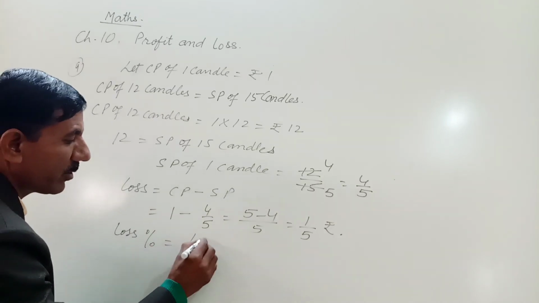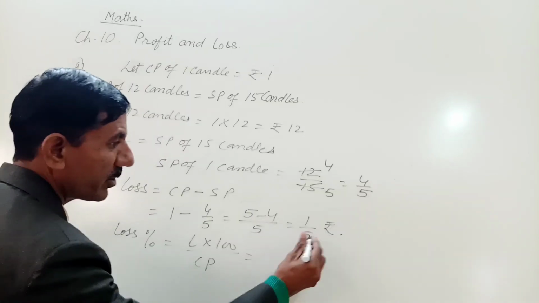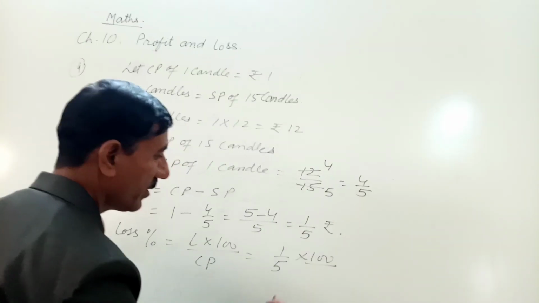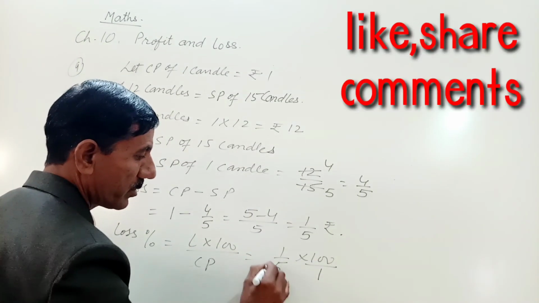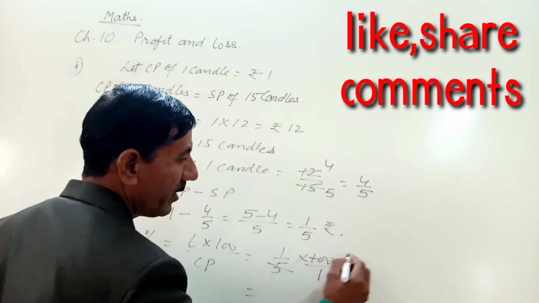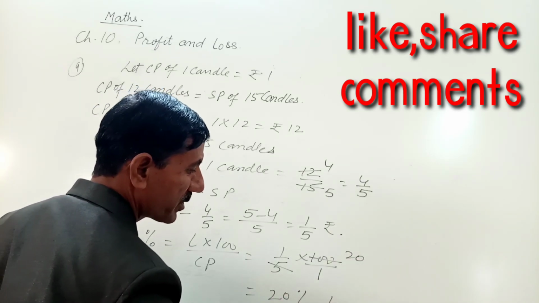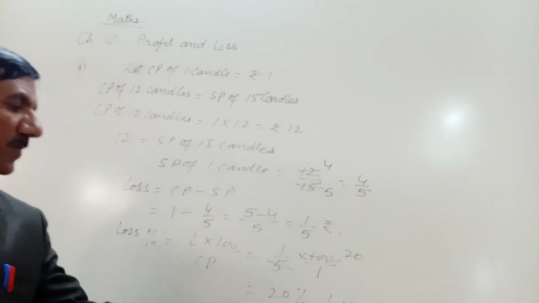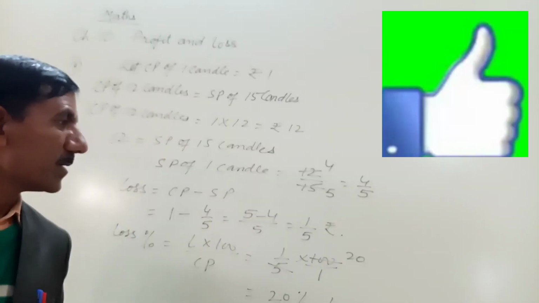Loss percent means loss into 100 upon CP. Loss is 1 upon 5 into 100 upon CP, and CP of 1 candle is rupees 1. So dividing by 5, 20% loss. In this transaction, he got a loss of 20%.